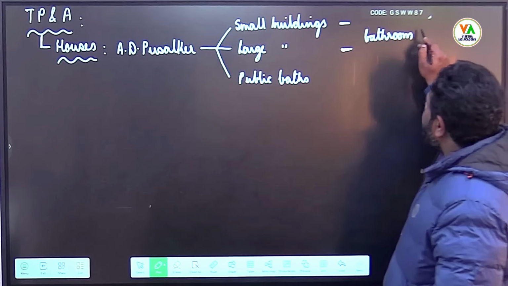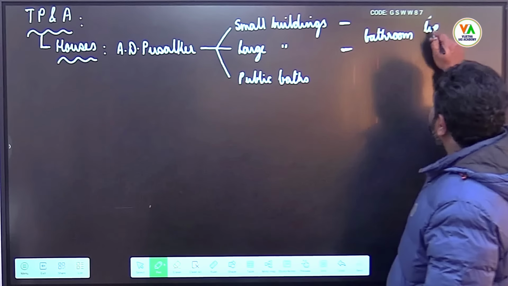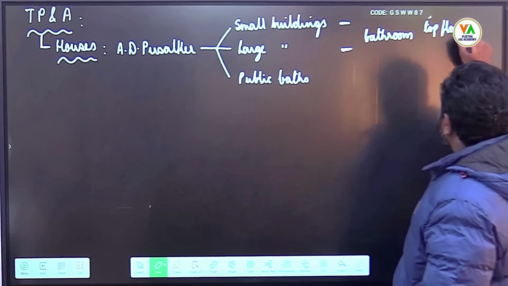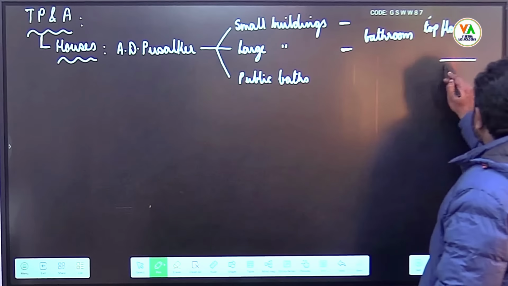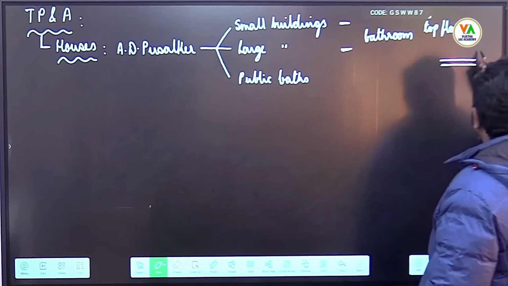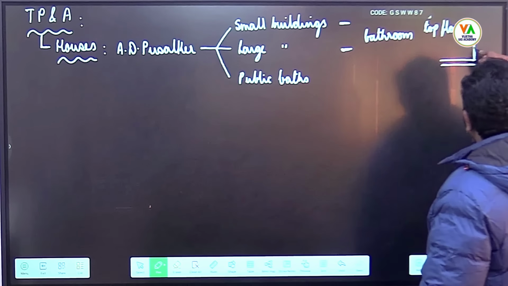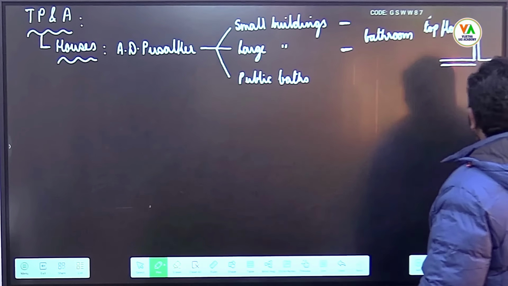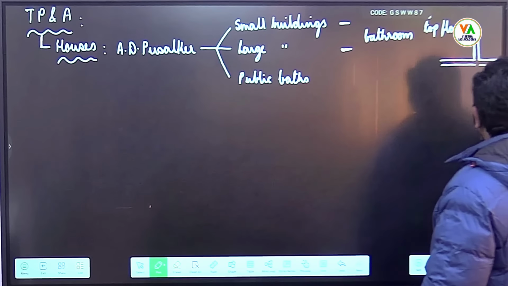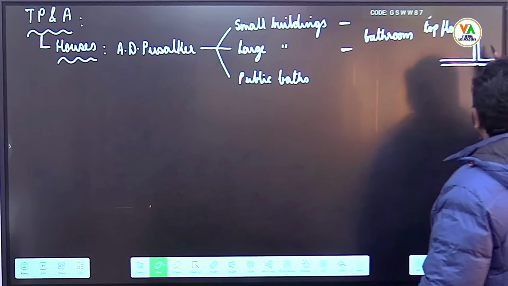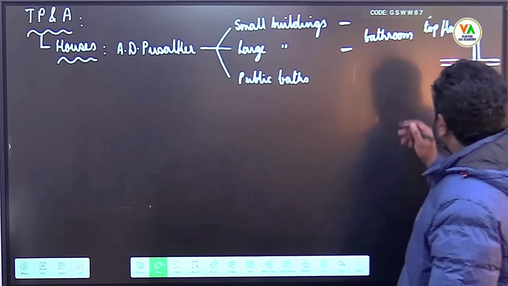Bathrooms are constructed on the top floor also sometimes, because you have horizontal pipelines for drains, and also you can find vertical pipelines coming from the top floor, which indicates that they had bathrooms constructed on the top floor.